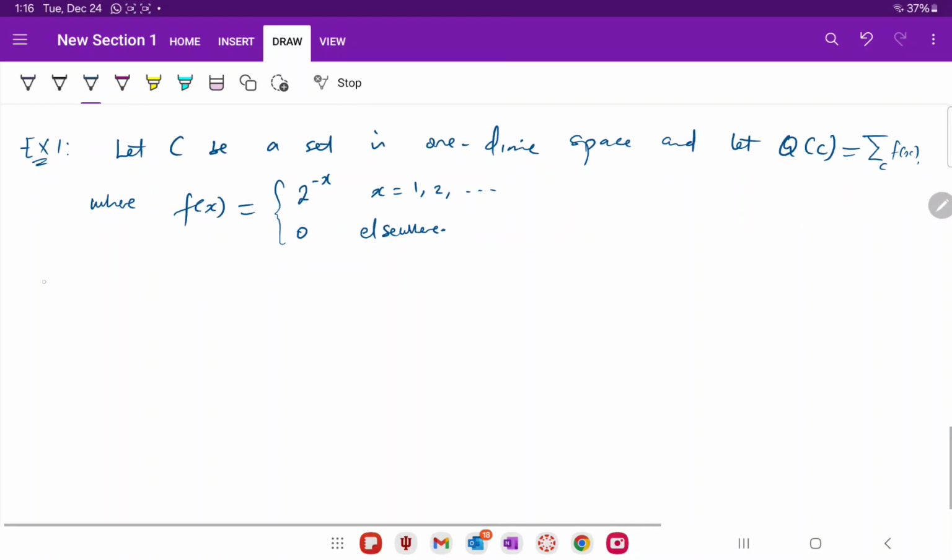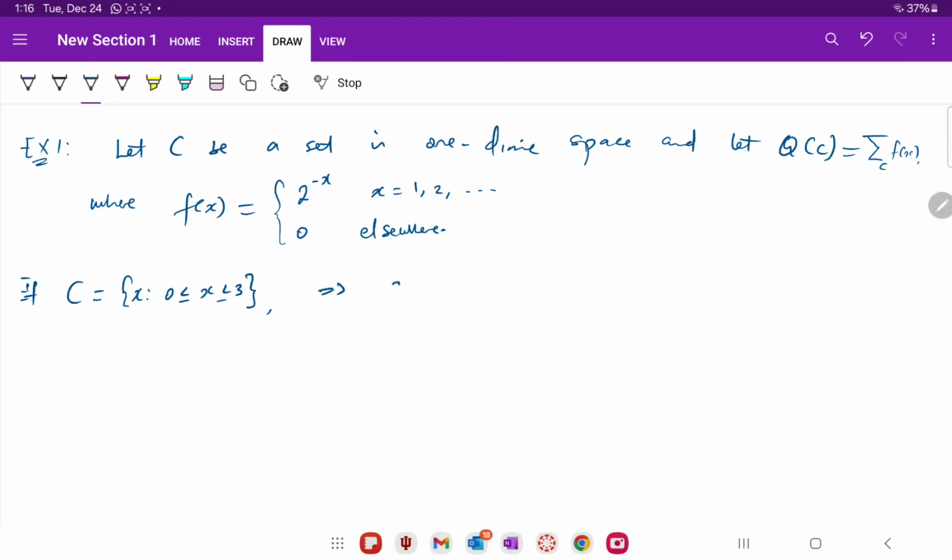So let's see, first question now, if C is x such that 0 is less than x less than 3, that means that we are moving just for x equals to 0, x equals to 1, x equals to 3. So for that now, our Q of C will be equal to 2 when x equals 0 minus 0 plus, which is just the summation.